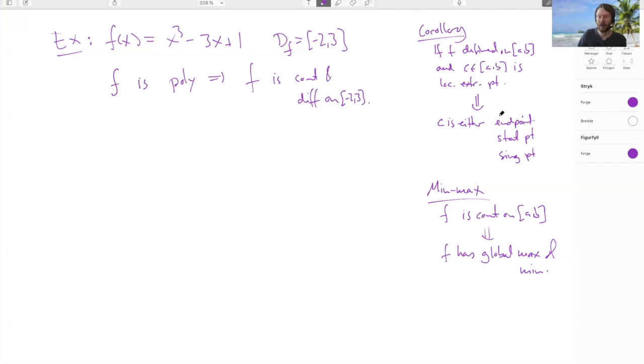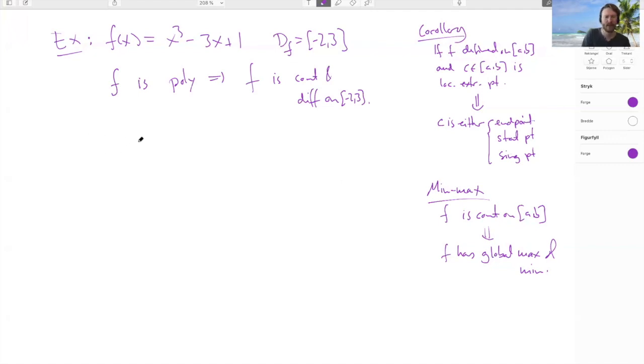This corollary tells us that the global max and global min of f have to appear in this list. That means if I make a list of all such points of my f, then I can just choose the one which gives the largest value for f and know that that's my max, and the one that has the smallest value for f and choose that as my min.